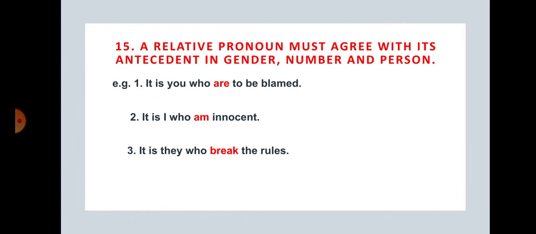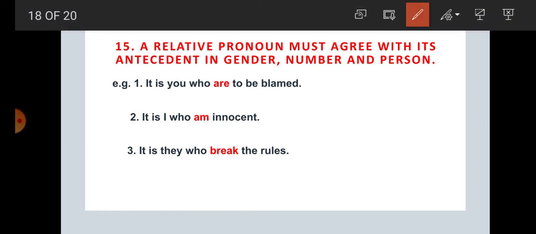Now, rule number 15. Students, a relative pronoun must agree with its antecedent in gender, number and person. So students, first with the help of examples, get it clear what the relative pronoun is here.